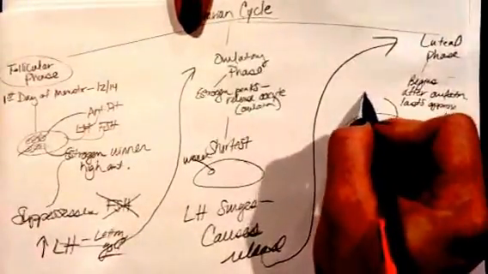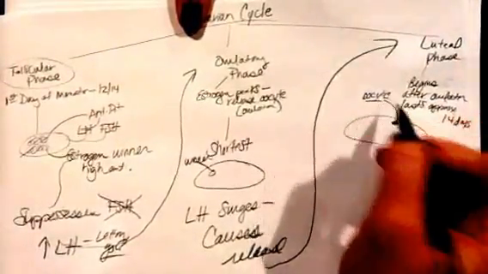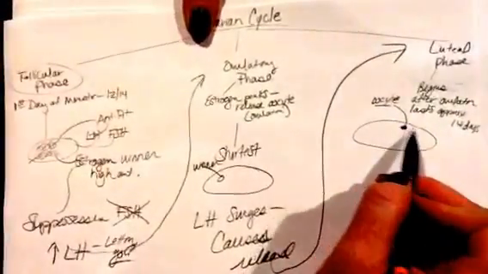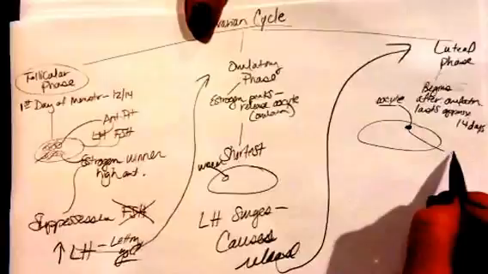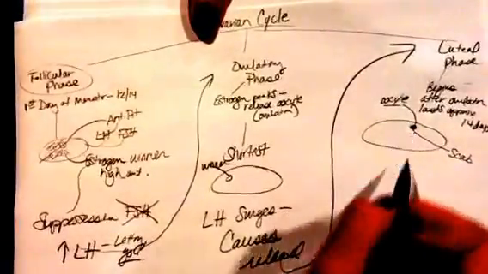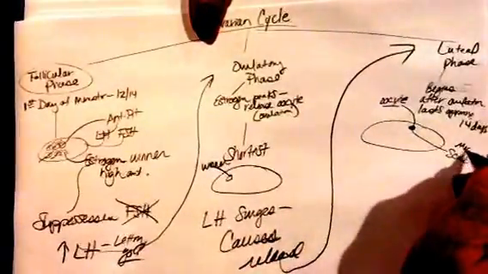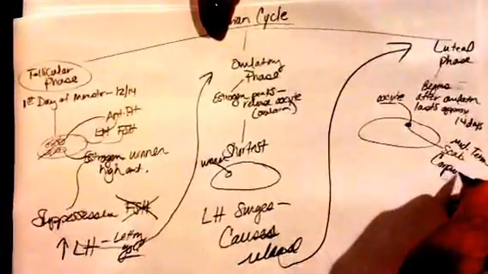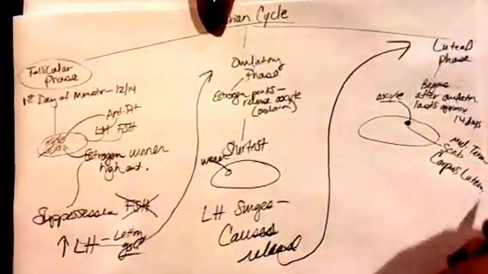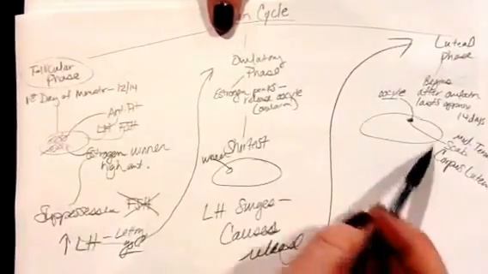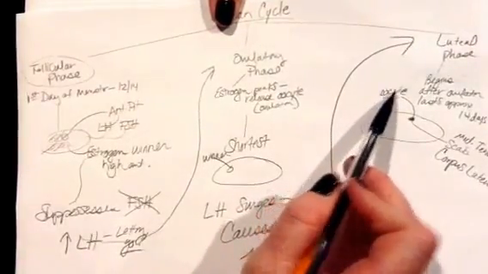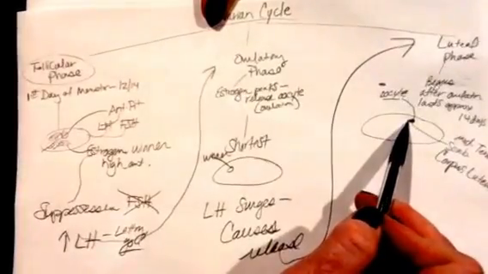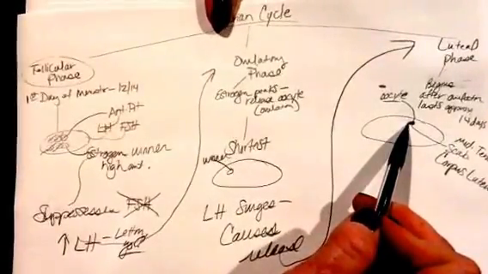It actually releases an oocyte, right? So we have the egg that is released from this area. And I wanted you to think of this area as a scab. The medical term for this scab is corpus luteum. We would think all our focus should be on this egg right now, but really this little corpus luteum plays an important role as well.